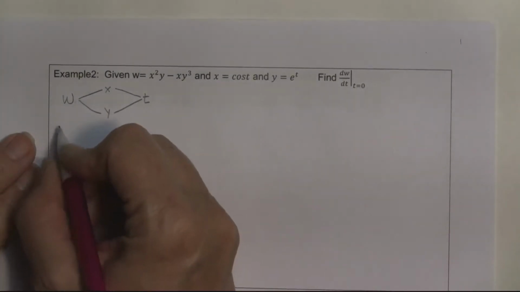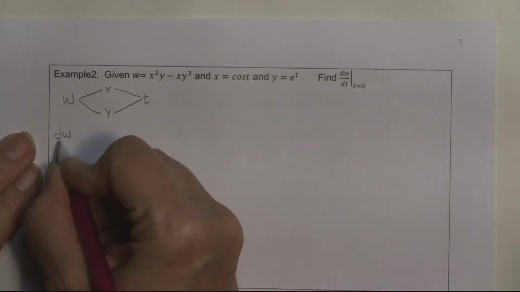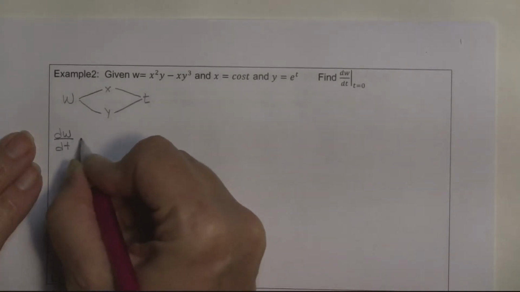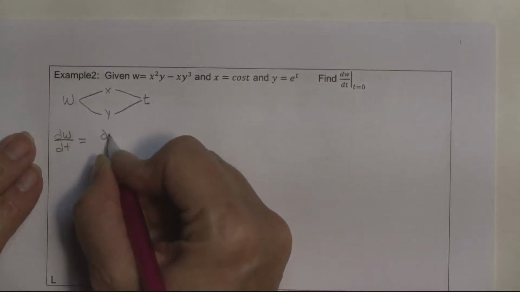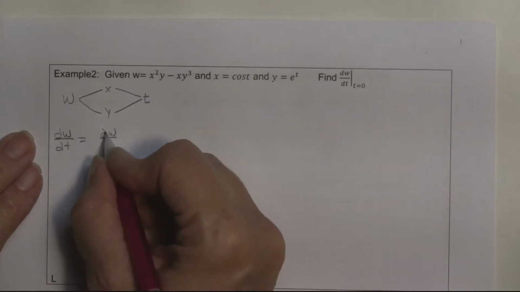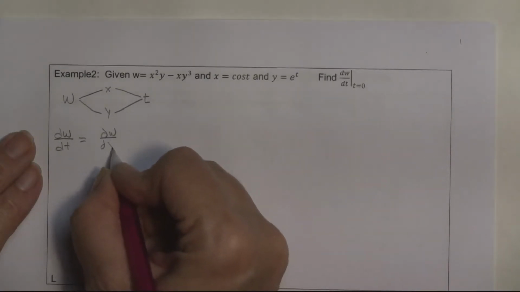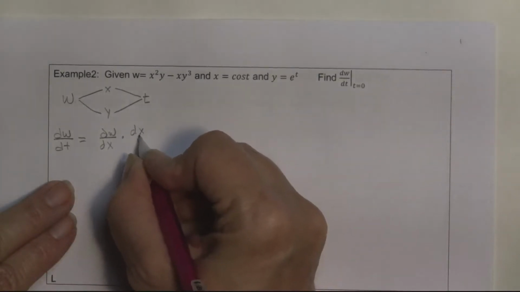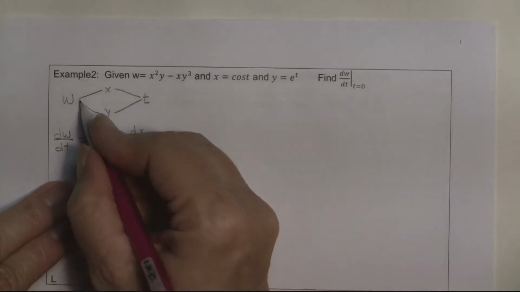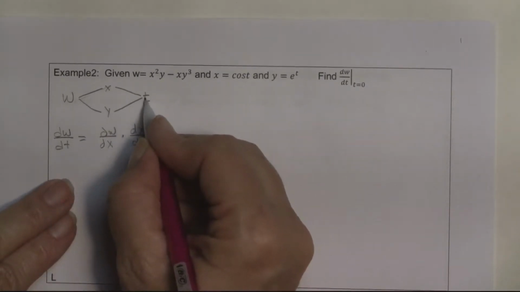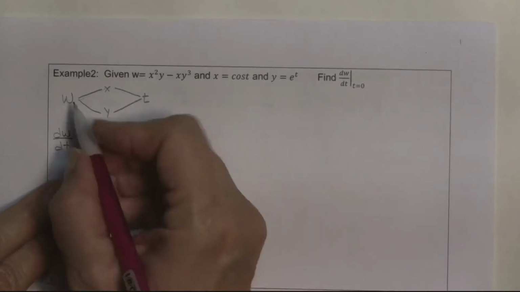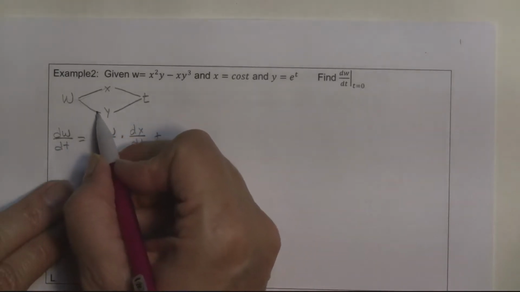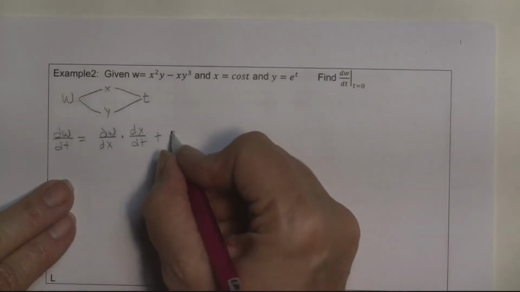Okay, so dw/dt, and then we would have a partial of w with respect to x, and then dx/dt, following the path to get to t, plus, and then also to get to t would be here through y, so that's the partial.